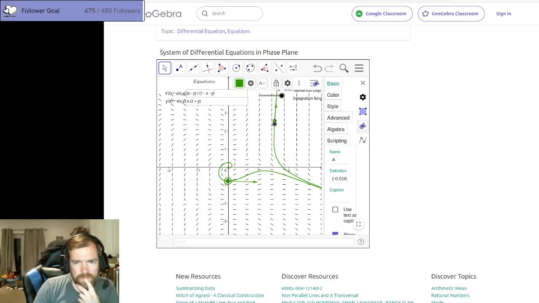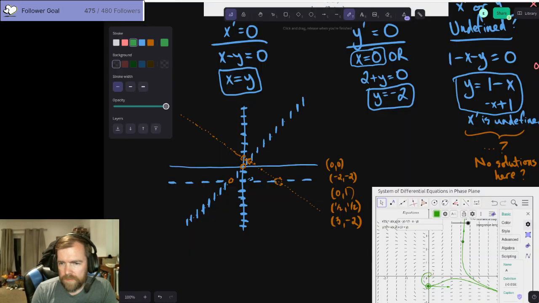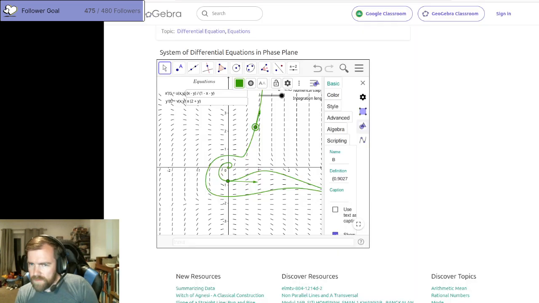So it kind of looks like a spiral source at the origin, and then has some asymptotic behavior. Right, and if you look at where is that? Very approximately, it's probably going to be a half. What does that kind of look like?